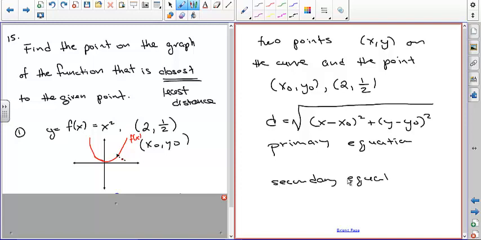Another word for the secondary equation is the constraint. So we're constrained such that y is equal to x squared. It has to satisfy that constraint. So we can put x squared in for y in this equation.